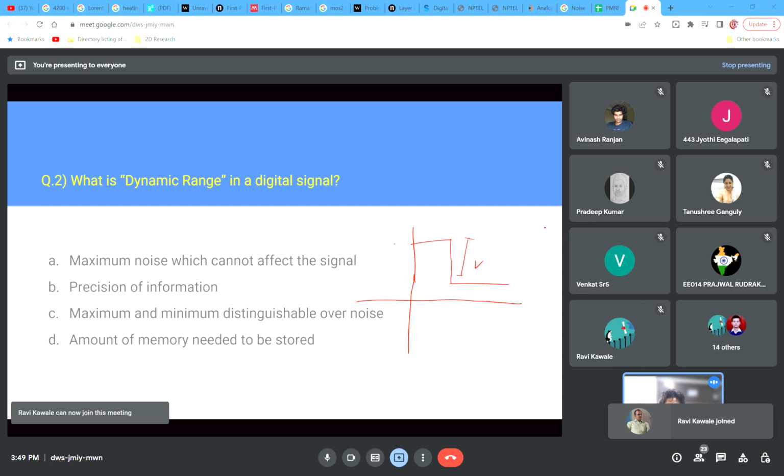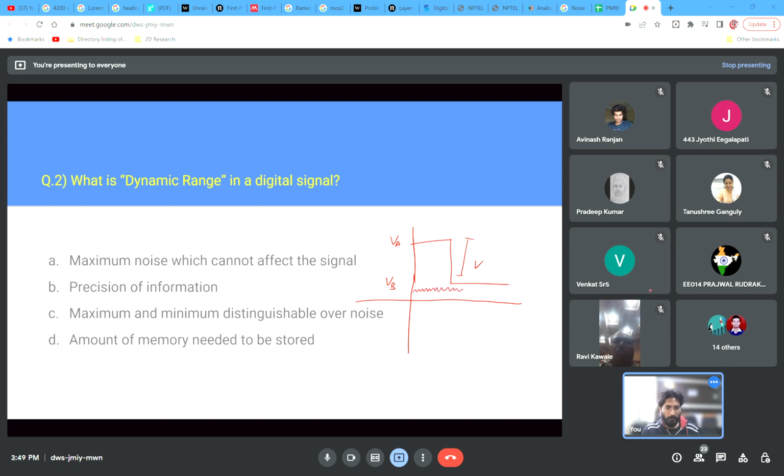So this difference of these voltage levels, voltage A and voltage B, and let's suppose you have a noise floor like this, the amplitude of this noise is not going to affect your minimum signal to the amount that it will be indistinguishable from your VA. So the amplitude of noise has to be very small compared to the signal that you're actually using. So dynamic range is defined by this.